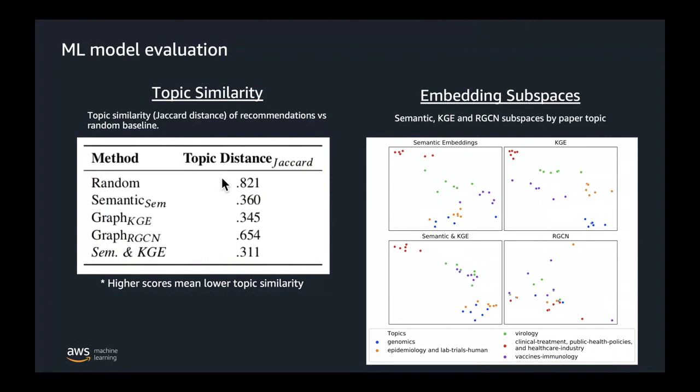Here, each group of colors represents one paper and its recommendations, and as expected, they are close together.